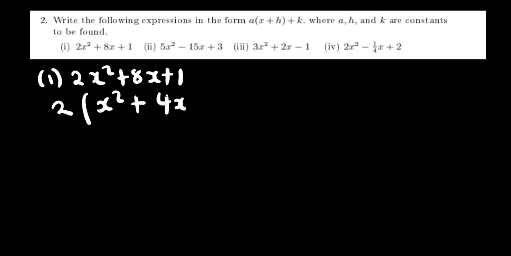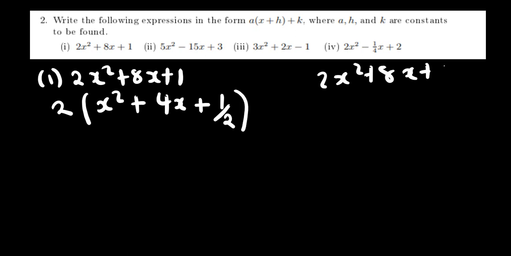This is 4 over 2, 8 over 2, that is just a 4x. Then we have plus 1 over 2, if I'm going to do that. But I can also do where I just get, if it's 2x squared plus 8x plus 1, I can just choose to factor out these to avoid fractions with the constant.